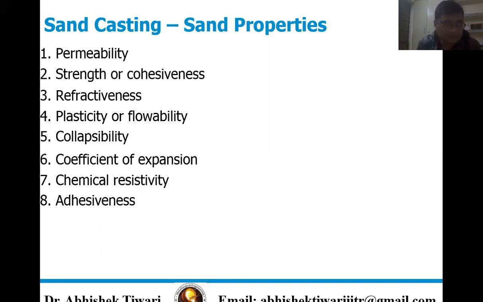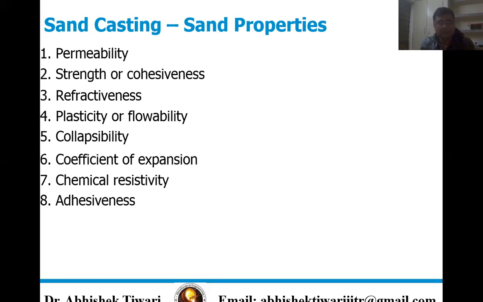This property allows gases to escape easily from the mold. Higher the silt content of the sand, lower is permeability. If mold is rammed too hard, its permeability will decrease.